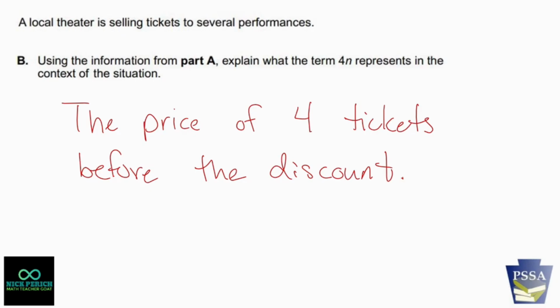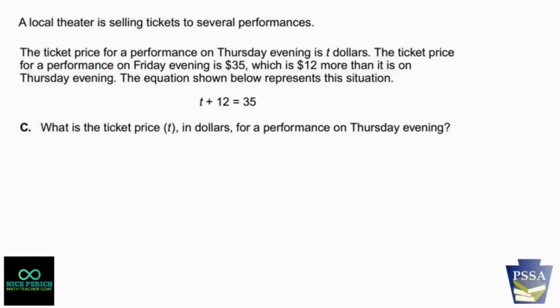All right, that was part B. Now, this is additional information before we hit part C. The ticket price for a performance on Thursday evening is $T. The ticket price for a performance on Friday evening is $35, which is $12 more than it is on Thursday evening.